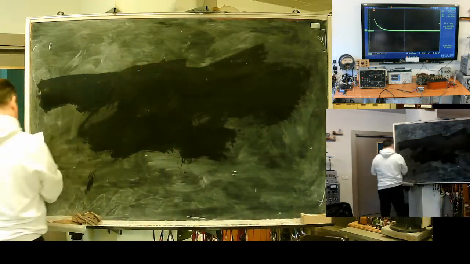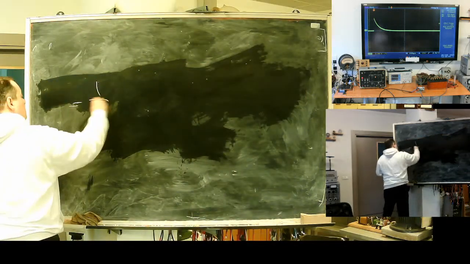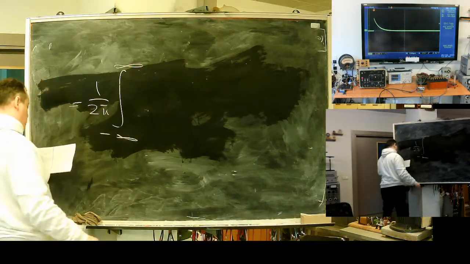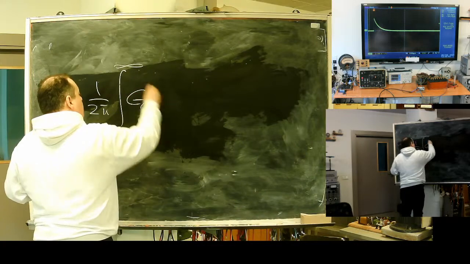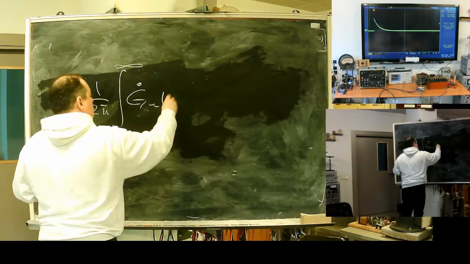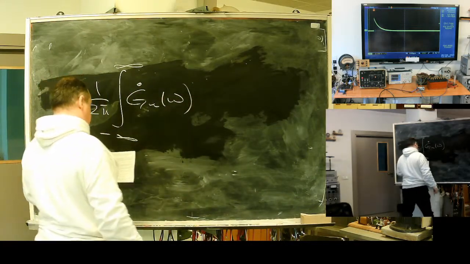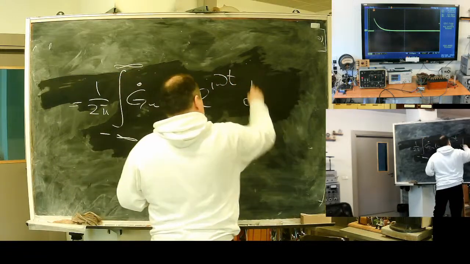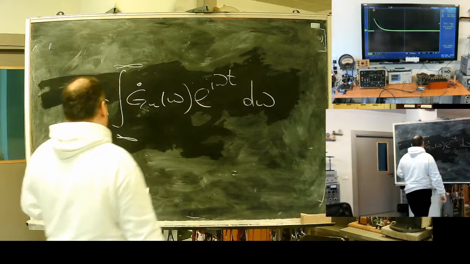This will give us 1 divided by double pi. We should integrate to infinity our spectral function over frequency. Here it is.